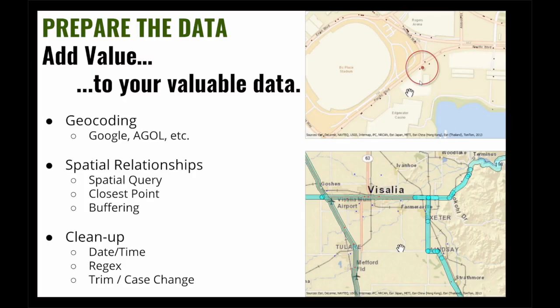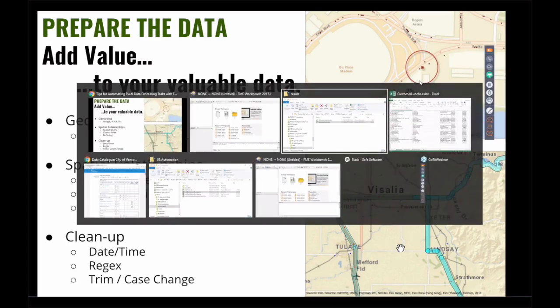So preparing the data to get it out there, what we need to do is typically add some value, same tools that if we're reading from Excel are available to us when we're writing out to these wide range of different formats. Again, geocoding here, doing spatial joins, doing some data cleanup and so on. And so I've got a little example here that we can have a quick look at in our workspace.